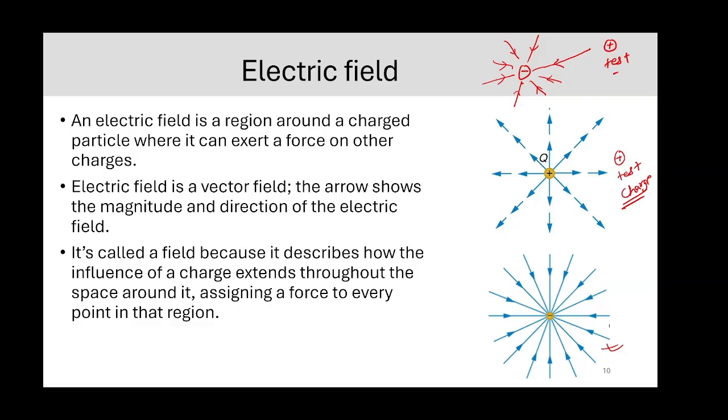We should also see that since this is a vector notation, if you look at these arrows, we can see the inner arrows are bigger, and as they go away from the source charge, they get smaller and smaller. That's the same for all this vector notation.